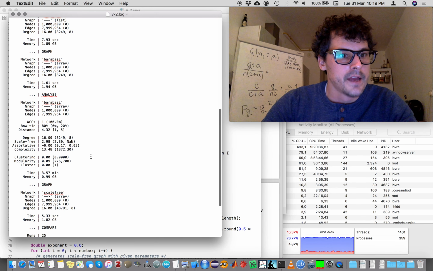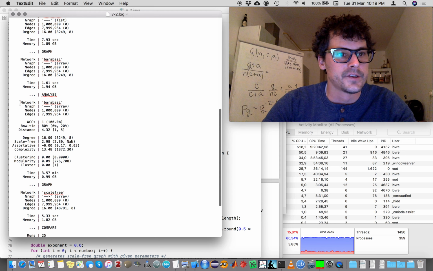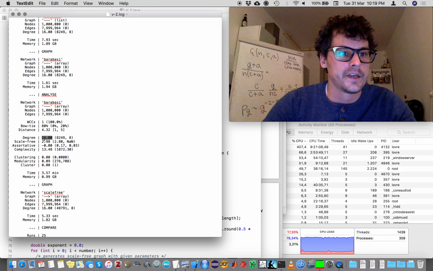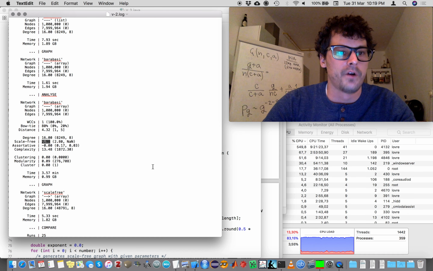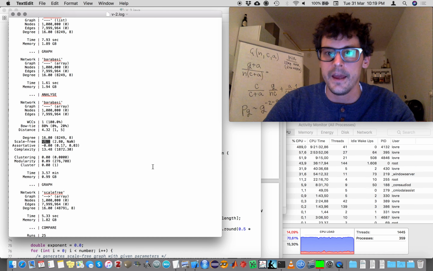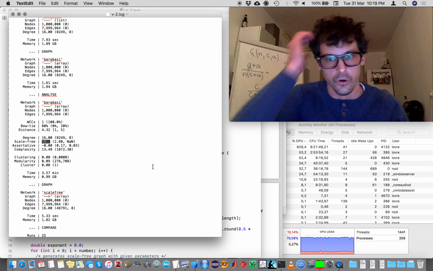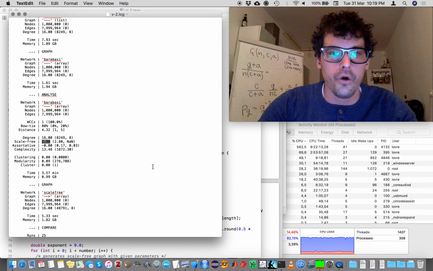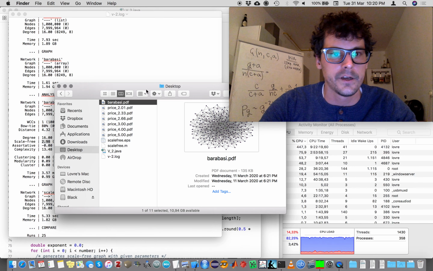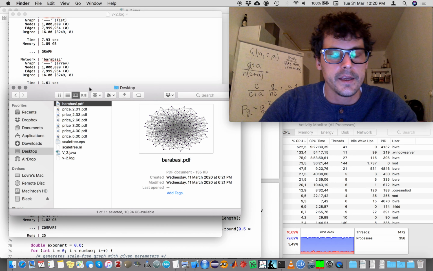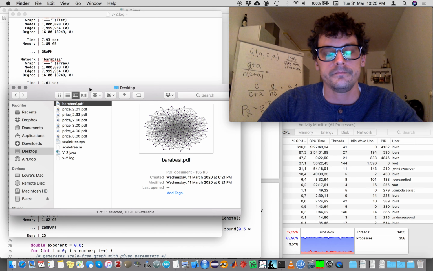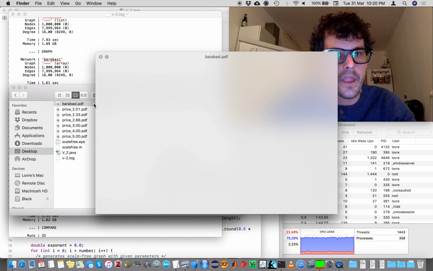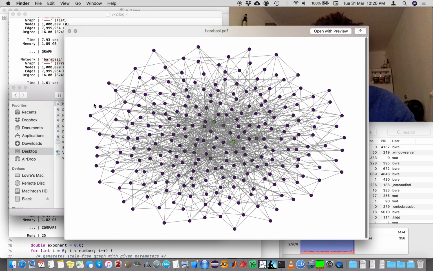So here are the properties of the generated Barabasi-Albert graph. Again, 1,000,000 nodes, average degree 16, and the gamma exponent is close to 3, which it should be according to our analytical computations. Let's look also at the visualizations of the networks. This is how a Barabasi-Albert model would look.